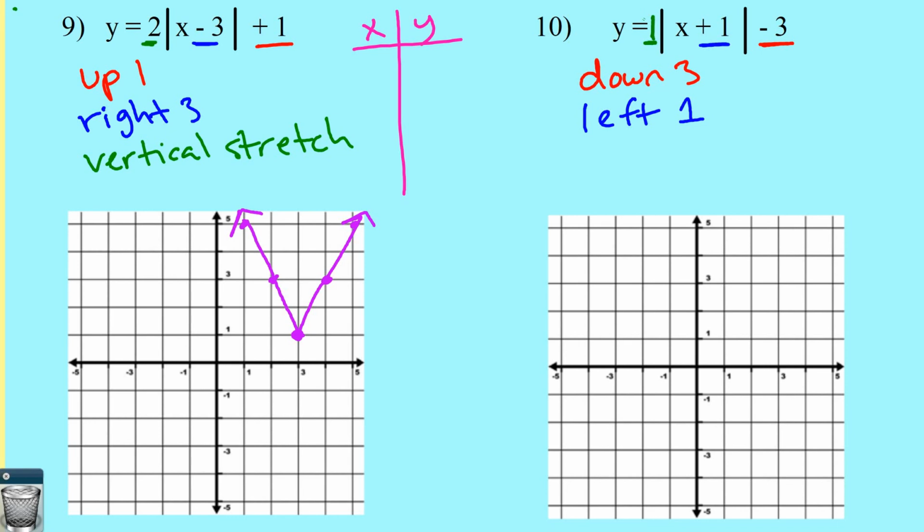So let's graph it. We're going to go down 3 and left 1. We have no stretch or compression, so we're going to have a slope of 1. There's our right side, and then our left side.